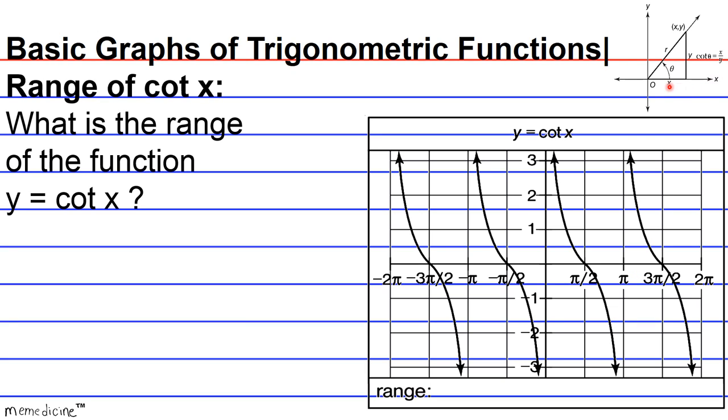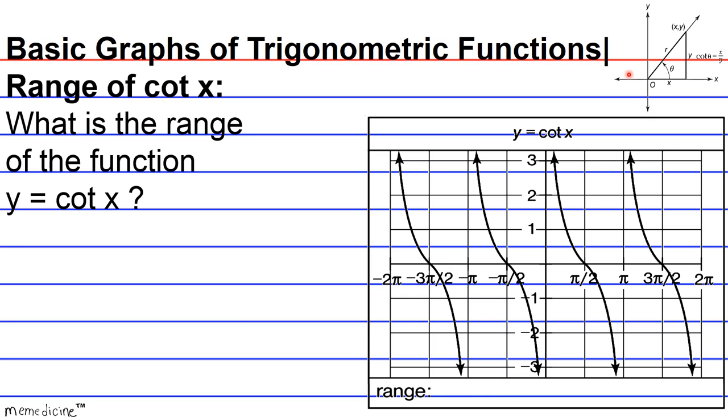At values like 180 or 360, there's no y coordinate, so that's going to be 0, and that 0 is in the denominator, therefore the fraction would be undefined, and hence you get indefinition and vertical asymptotes, all that good stuff. But that's not the case with the range.